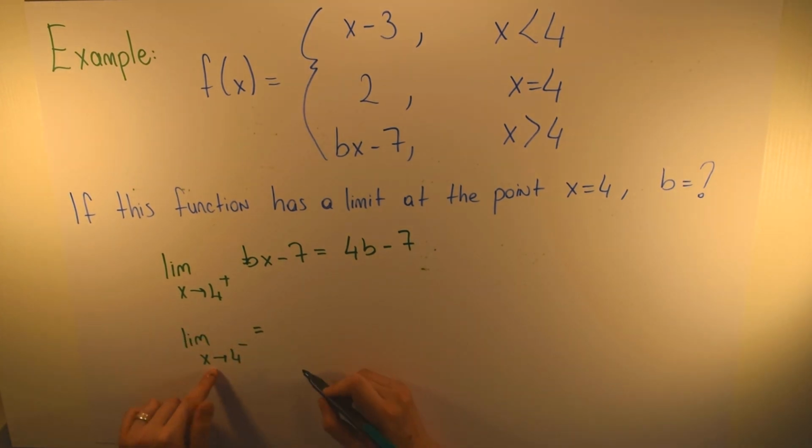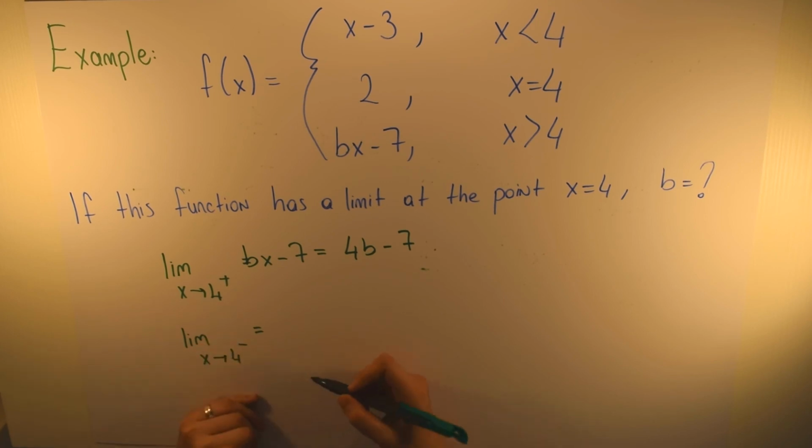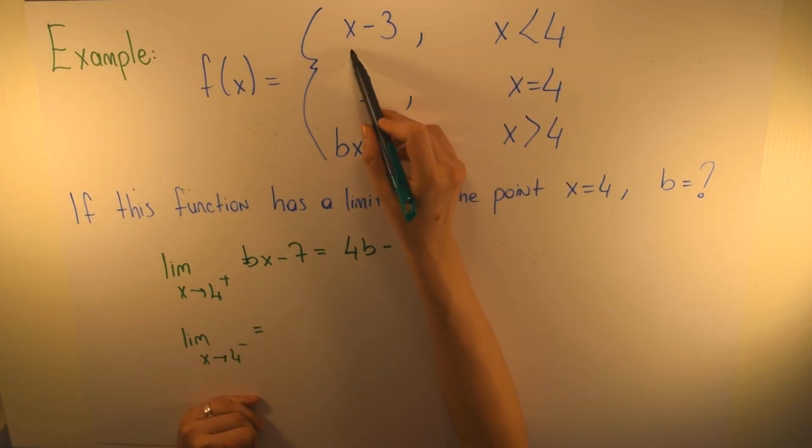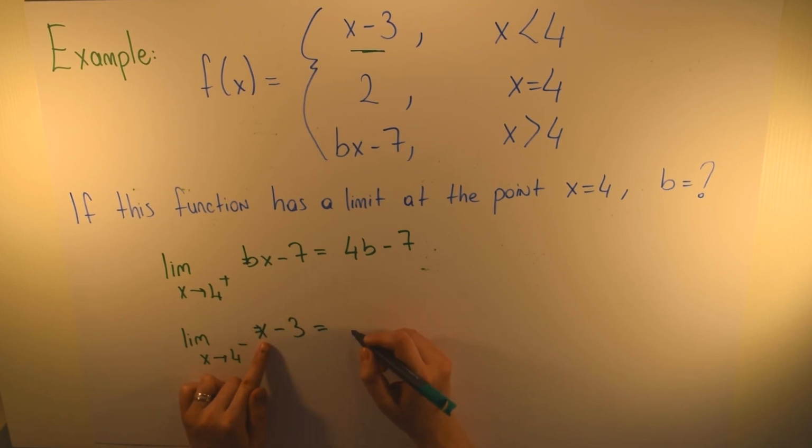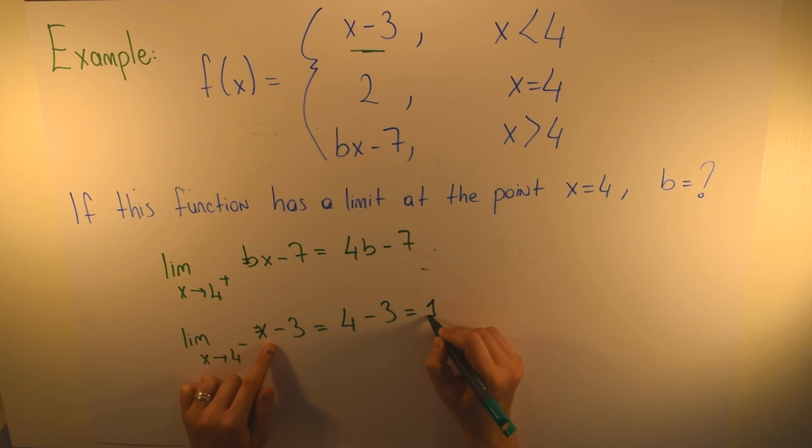So let's look at it from the left side. We will look at the values less than 4. In this case we will use this function, right? x minus 3. So instead of x I will put 4. So this is 4 minus 3, and this is equal to 1.